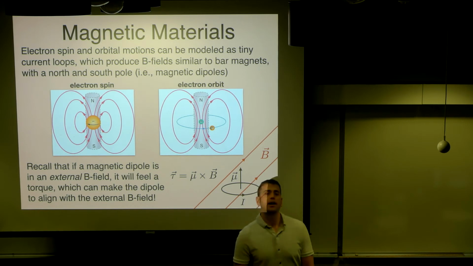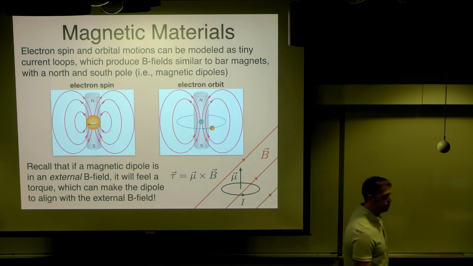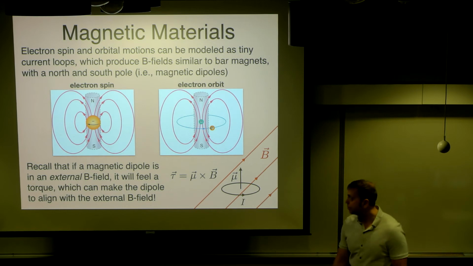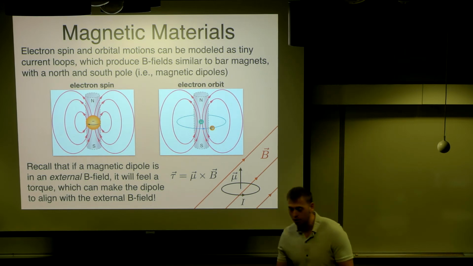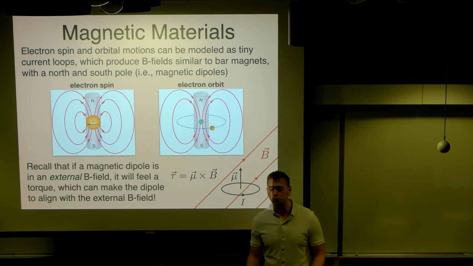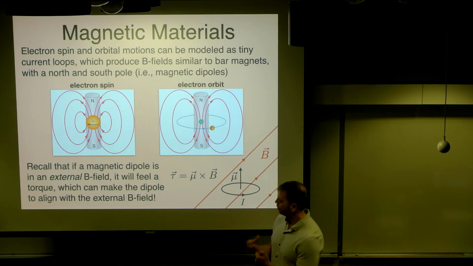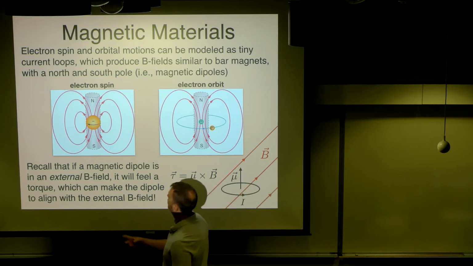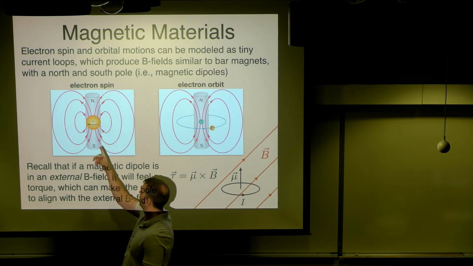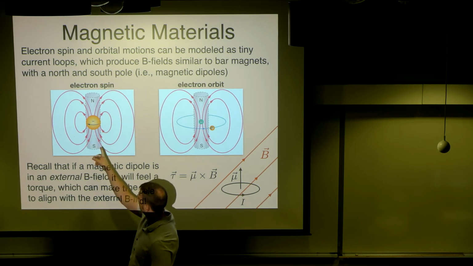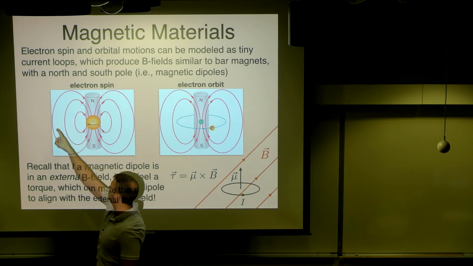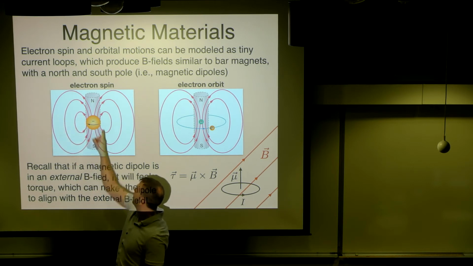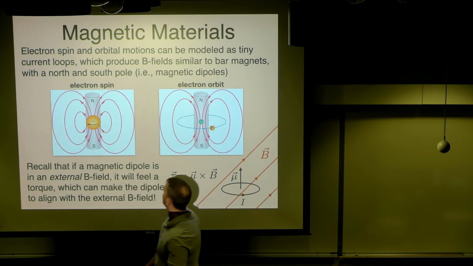And that brings us back to the magnetic dipole. We talked about how if you have a loop of current, it produces a magnetic field, which looks remarkably similar to bar magnets, right? With a north and a south pole. Okay, if you have an electron spinning on its axis, that's going to create B field lines, which go up and then loop back around through the bottom, much like if you had a south and a north magnetic pole there.